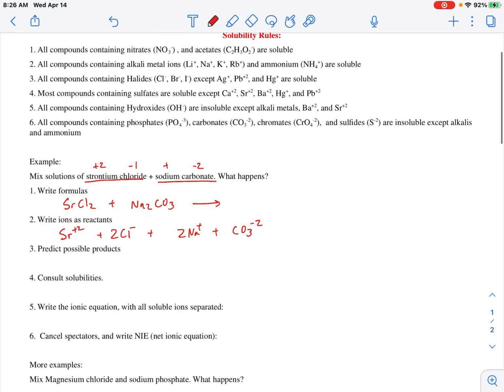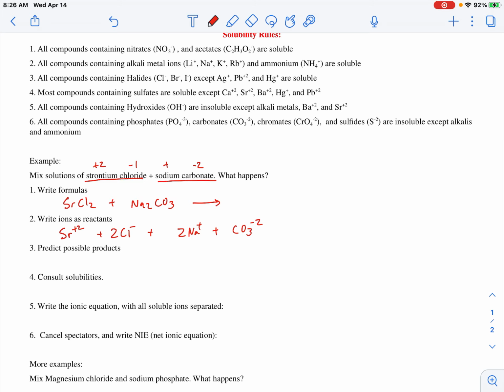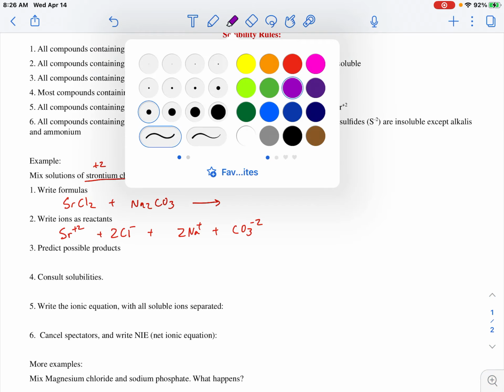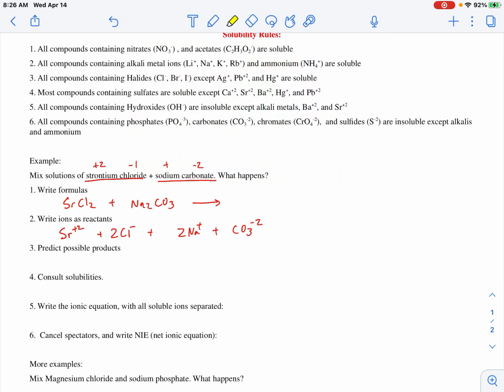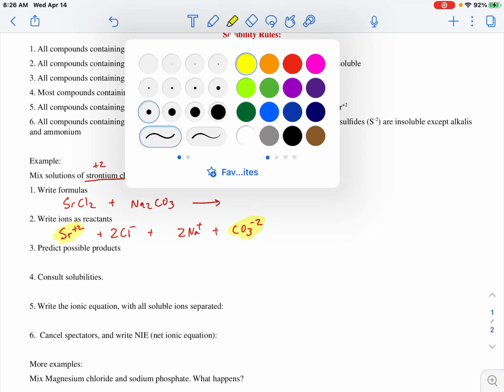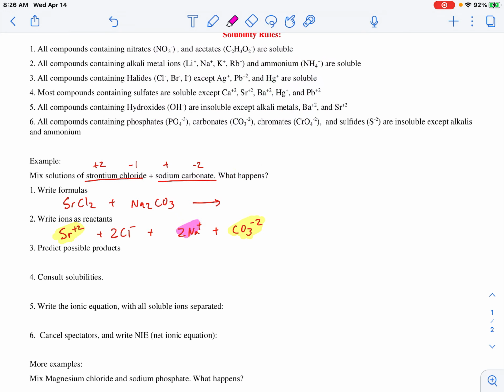Now, when they ask us to predict the products, these reactions will mostly be double replacement, which we've studied before. So the cation of the first formula goes with the anion of the second formula, and vice versa.